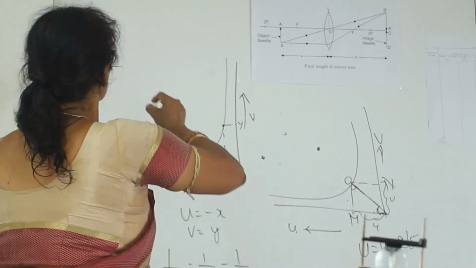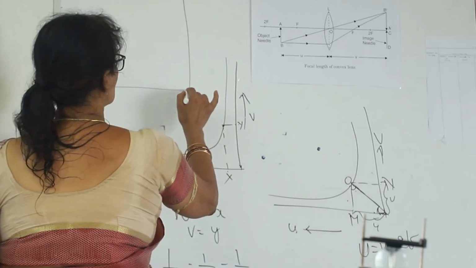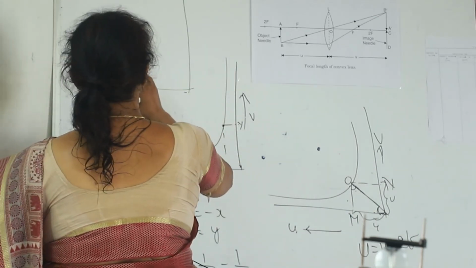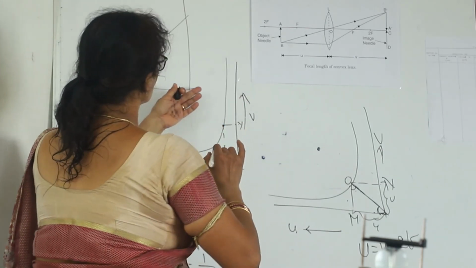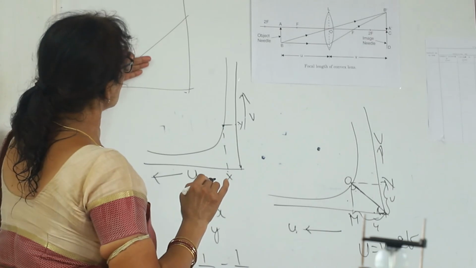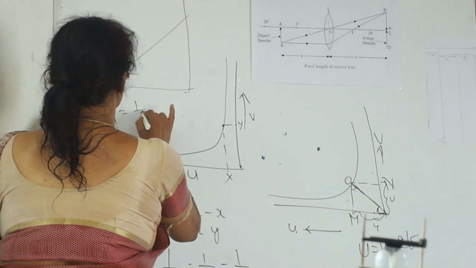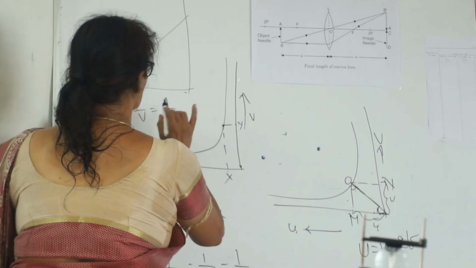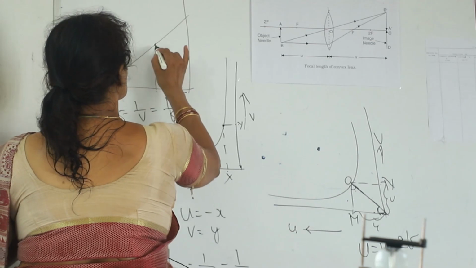Similarly, for the 1 by u, 1 by v graph also, it will be better to take the same scale and same origin, or as you like. Either take the same scale and same origin, get a straight line graph, then from the graph 1 by u is equal to 1 by v is equal to 1 by f. Or choose any point, draw perpendiculars.